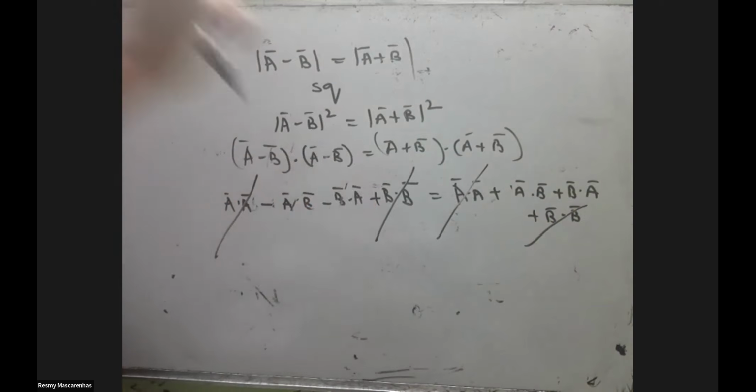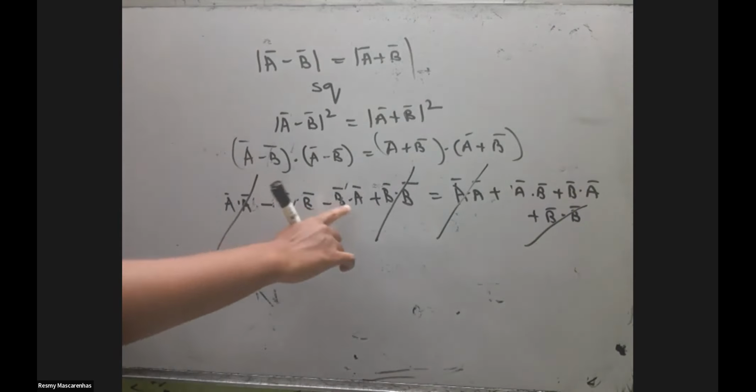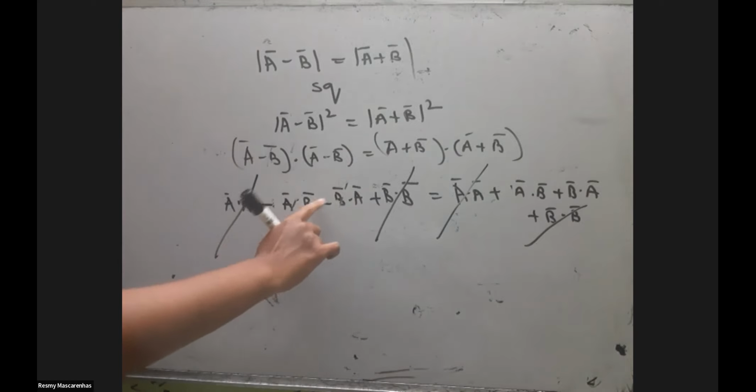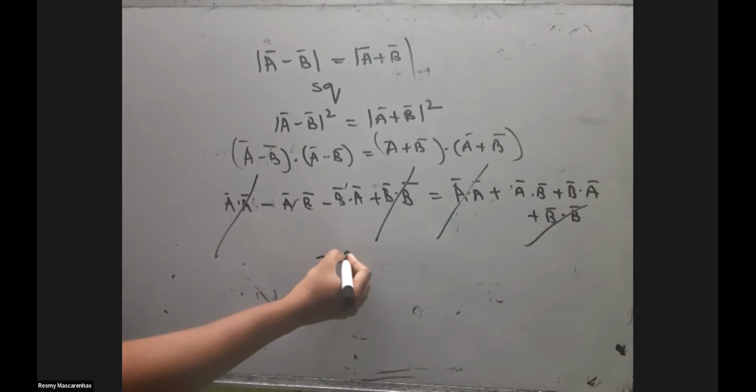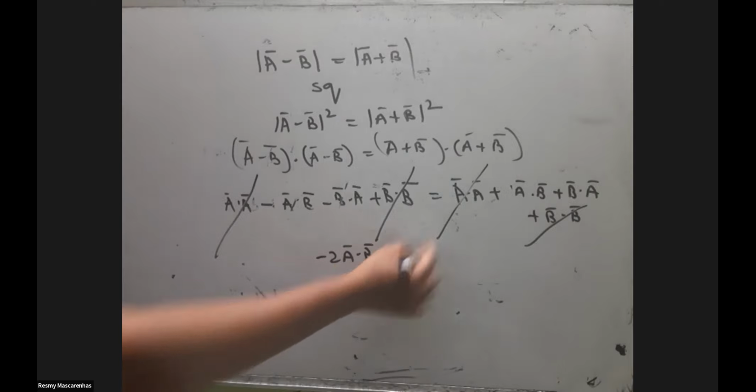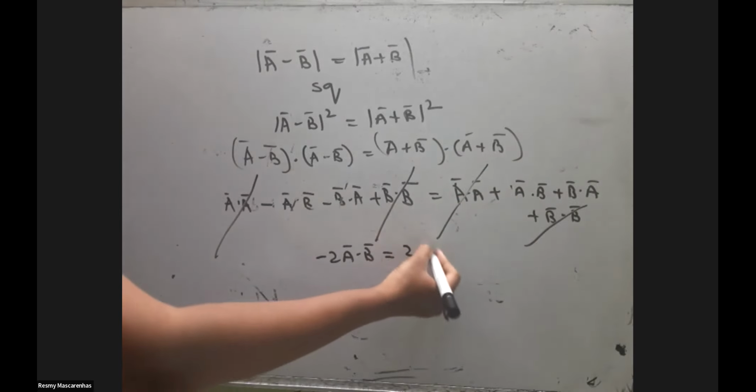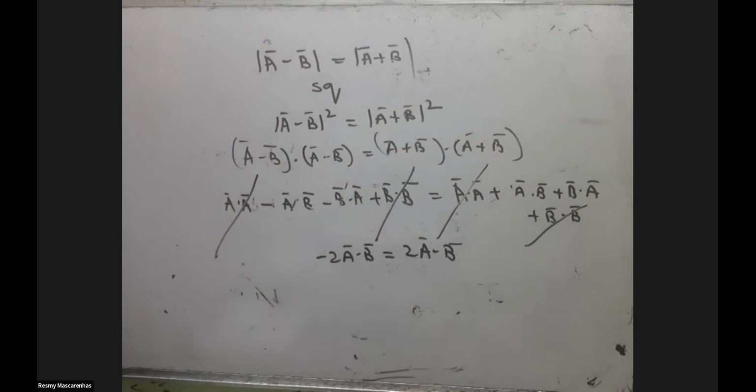Minus into minus. A bar dot B bar is the same, so minus 2 A bar dot B bar. This can also be written as 2 A bar dot B bar. Whether I write B into A or A into B, it means the same.